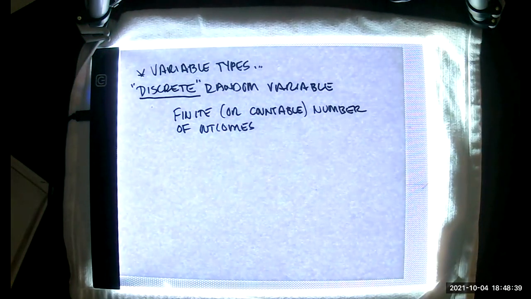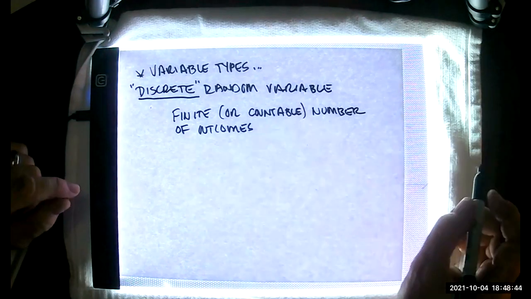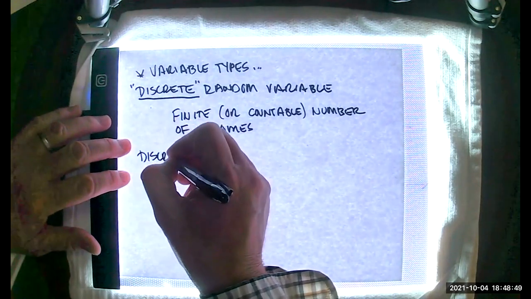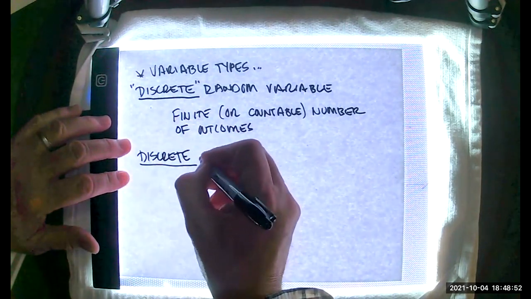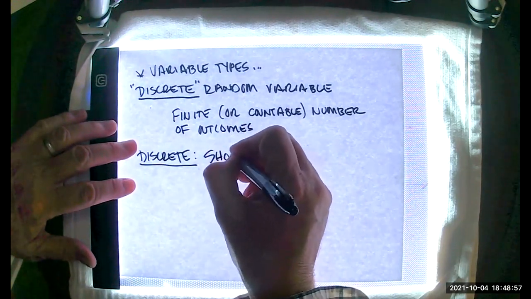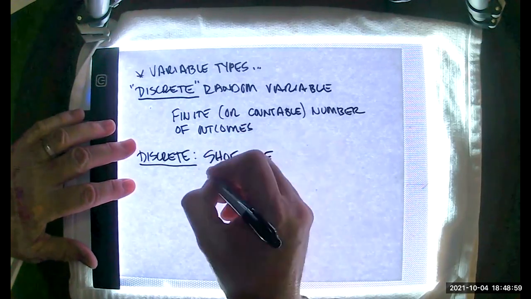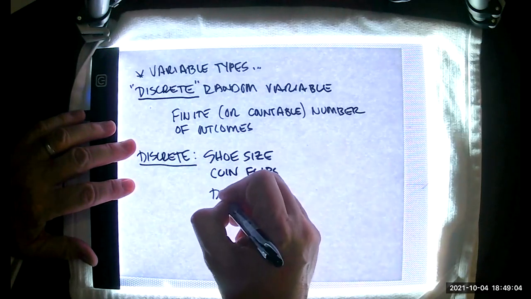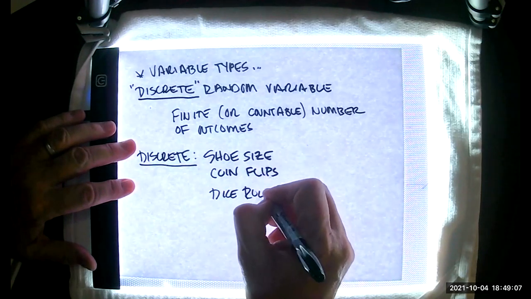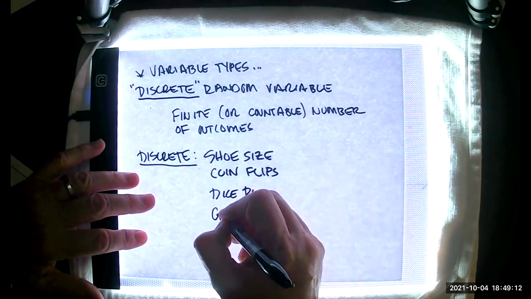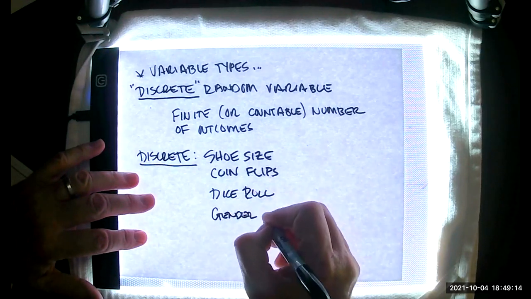For example, something that is discrete. I'm going to give you some very basic ones. We took a look at a couple of these in chapter 1: shoe size, coin flips, dice rolls, gender.